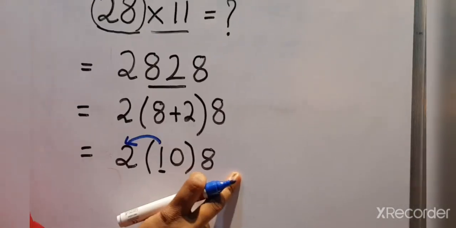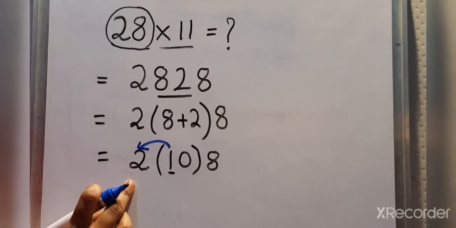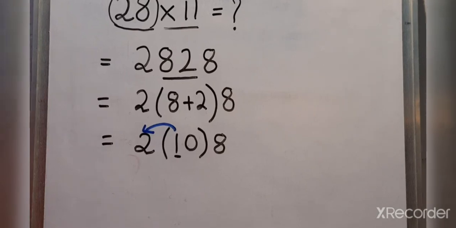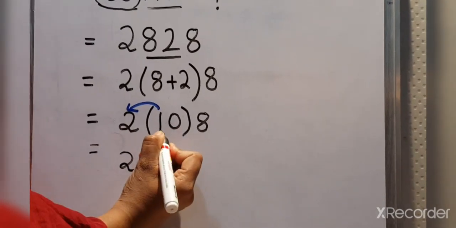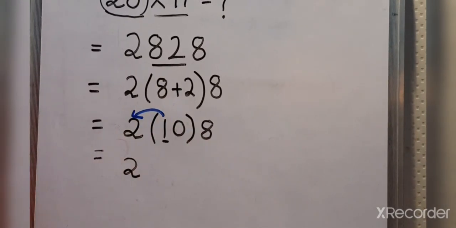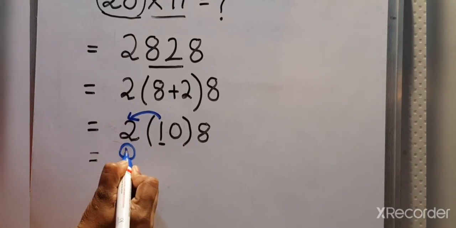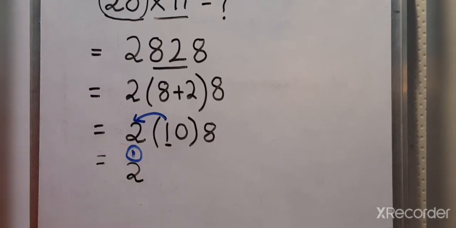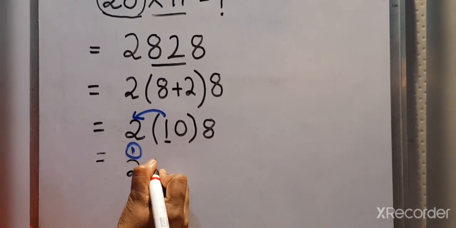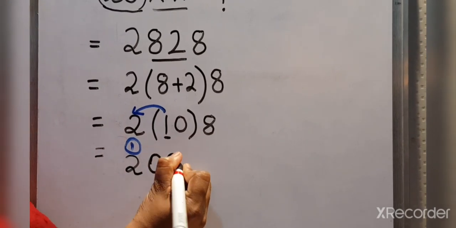We will write number 1 up, above 2. This number 0 is written as it is, and this number 8 also as it is.